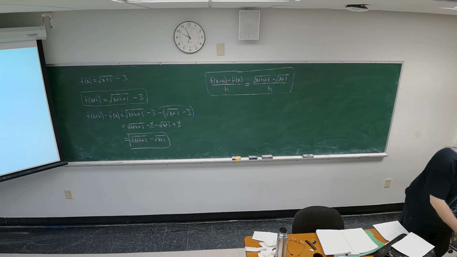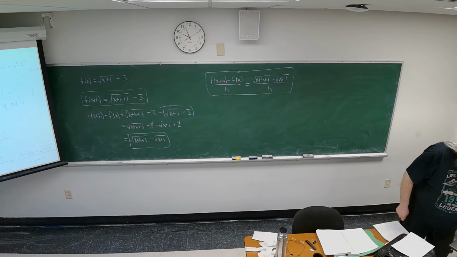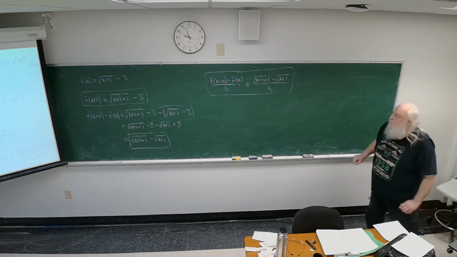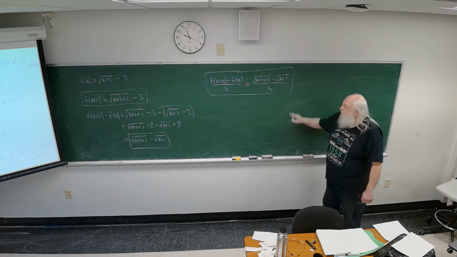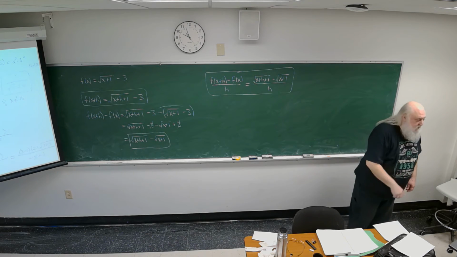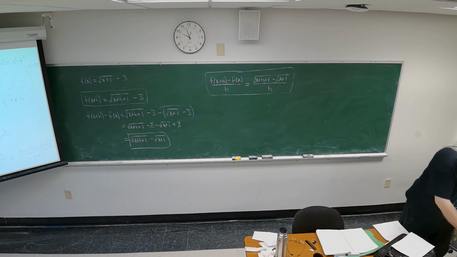And a couple things that we learned back in 1.5 was how to rationalize the numerator and how to rationalize the denominator. So in order to accomplish what we're going to talk about next, you would have to rationalize this numerator. So we're going back to section 1.5. What we're going to talk about next requires knowledge of 1.5. Math is cumulative. Okay?